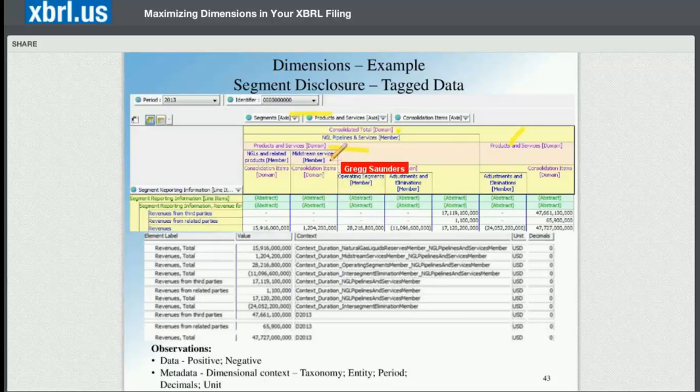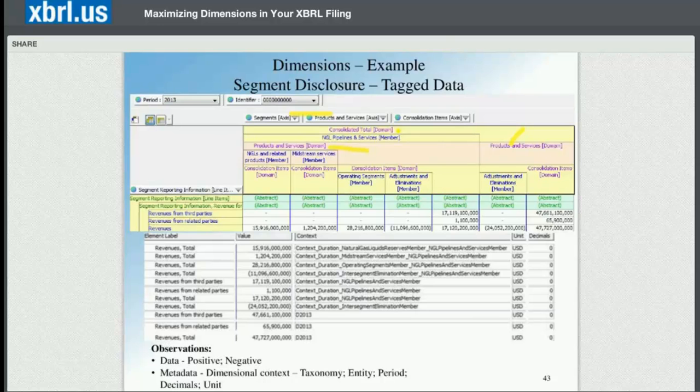Okay, the 1204 is the same, only it's the midstream services. The total of 28216, notice that it has the operating segments member on it. And why does it have that? Because that represents the total sales for the segment, or I'm sorry, I'm stating the segment incorrectly when I'm referring to it, but just give me a second to expand it so I can read it more clearly.